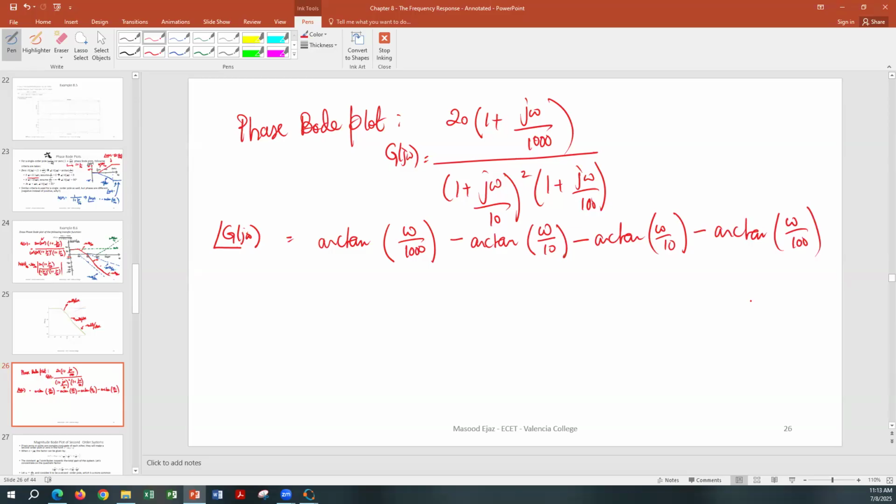Question about this equation, anyone? Looks good. So observe, when you have the square power, then you have two arctans, you're going to add them together, and you're going to get 2 times arctan of omega over 10.